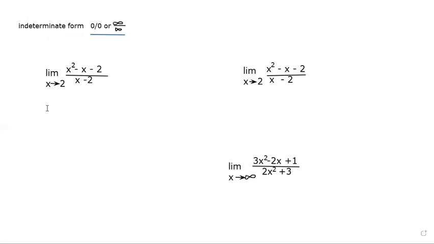So the first thing that we've learned when we're doing these, and I just want to look at this. This is limit as x approaches 2. If you plugged 2 in right here, you would get 2 squared, which is 4, minus 2, and minus 2, which will ultimately give us 0 over 0.